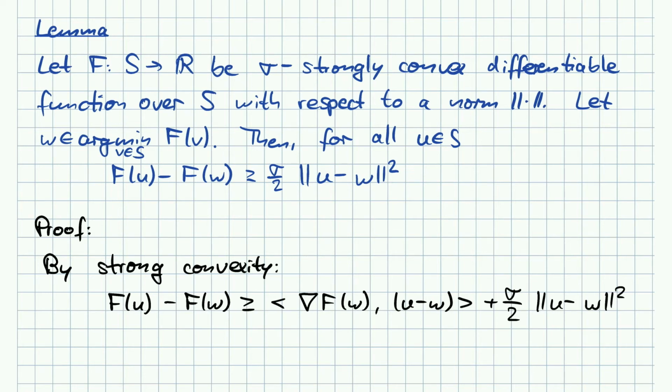Now how big is this? We claim that this here is always non-negative. Why is this? This is exactly because we have a minimum at w.